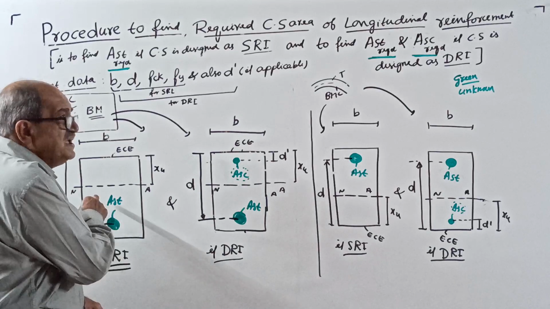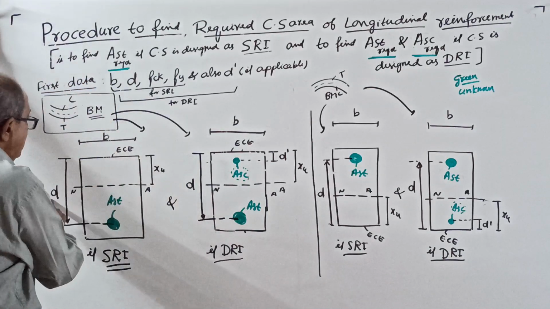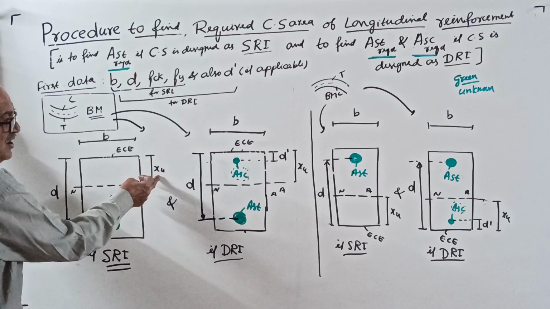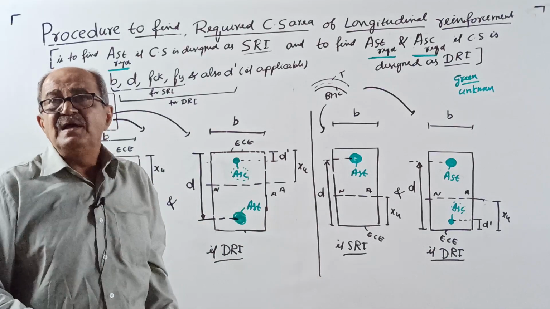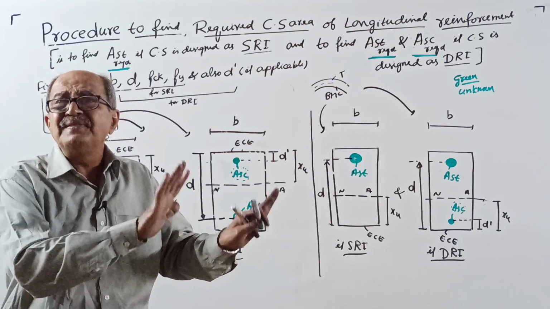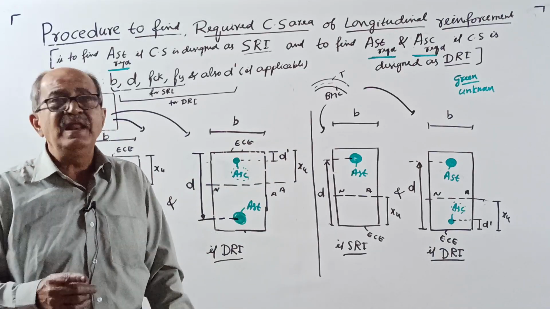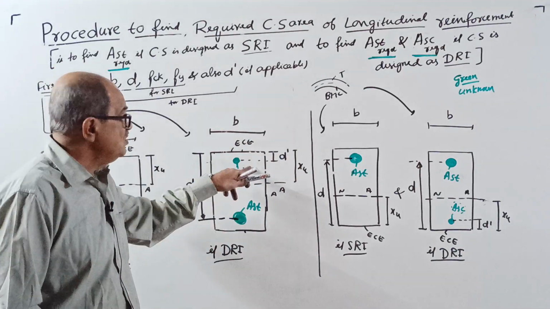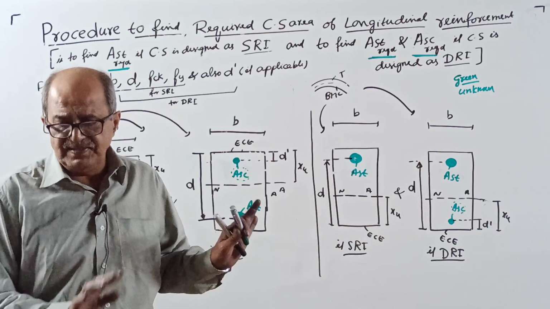Write the sketch for singly, do not show ASC. Write B, D and AST. XU is not required. Later, when you decide singly or doubly, if singly, proceed further. If doubly, write one more sketch if you want, where you show AST and also ASC. That is the way I will proceed further in the class.